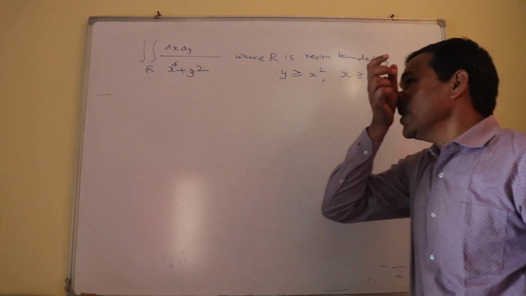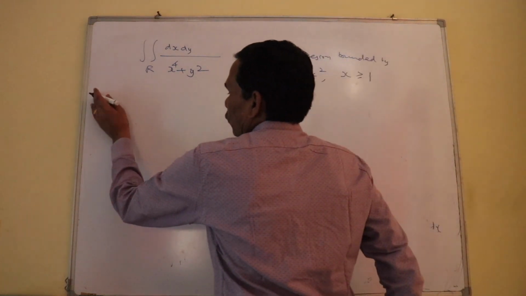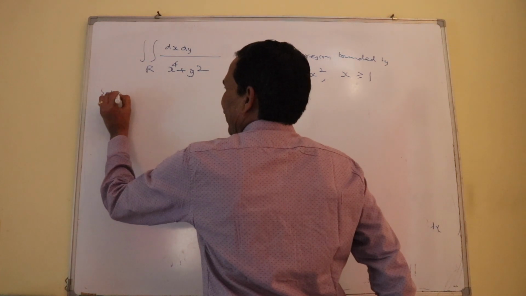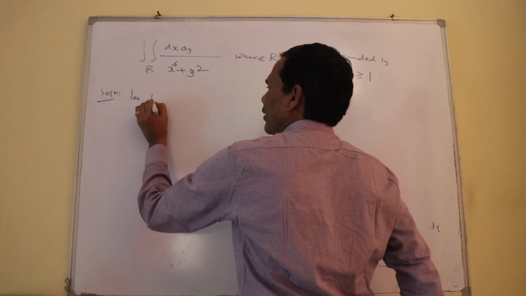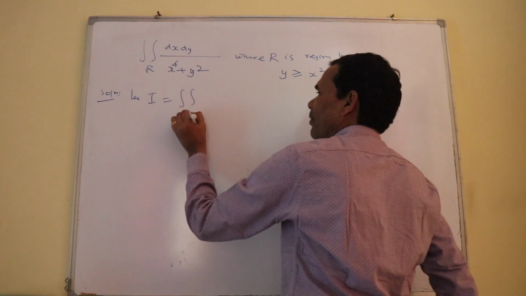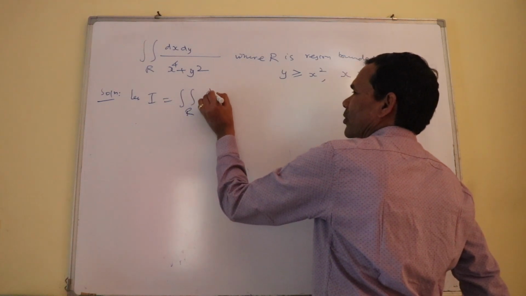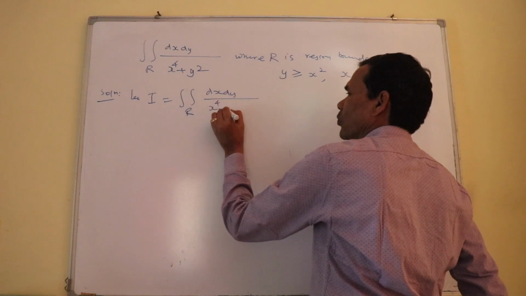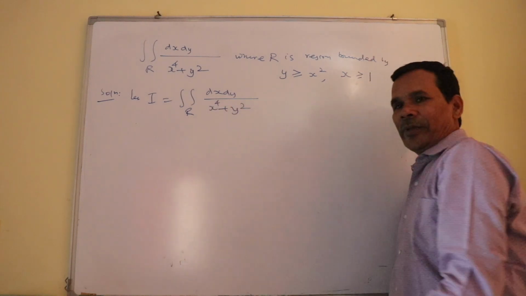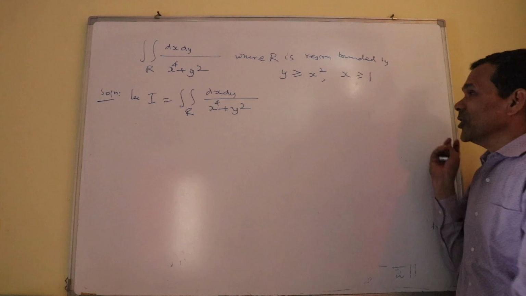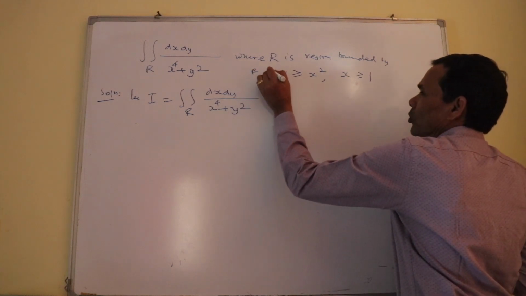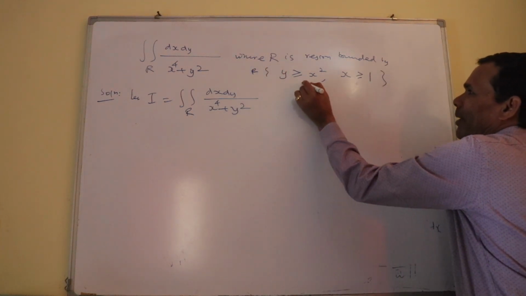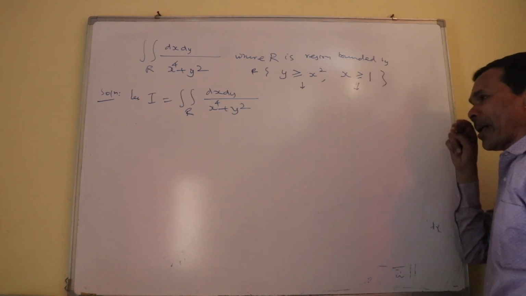So if you observe this solution, let I is equal to this integral, double integration over R of dx dy divided by x raised to 4 plus y square. Now if you observe here, this is R actually. So if you observe, this is a parabola and this is a straight line.